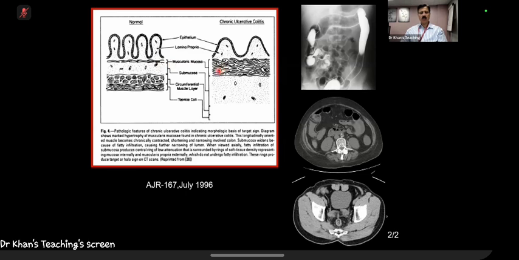With that, in the submucosa, there is deposition of fat. The muscularis mucosa is a longitudinally oriented muscle, so it gets contracted, and that is why the haustra disappear, it becomes shortened, and it gives you this kind of lead pipe appearance.